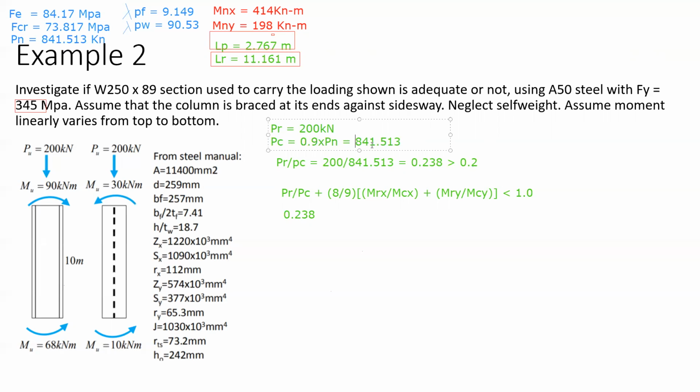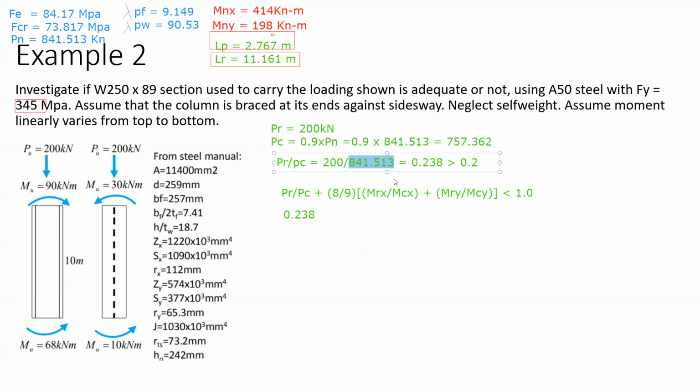So, 0.9 times 841.513, which is 757.362.